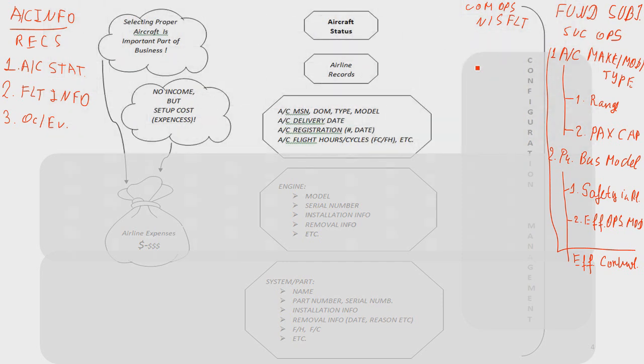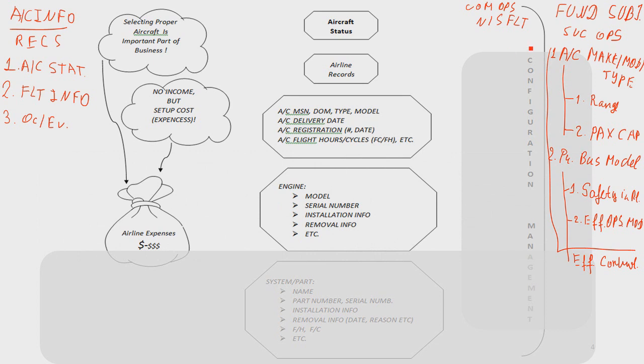What information do we need? As we said, in the airline record we should have the aircraft manufacturer, serial number, date of manufacturing, model, type, delivery date, registration information, flight hours, and total flight cycles.